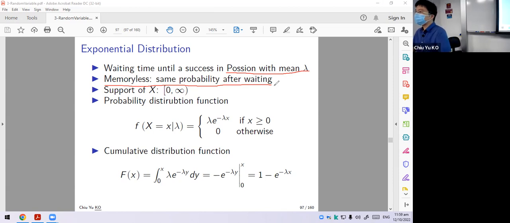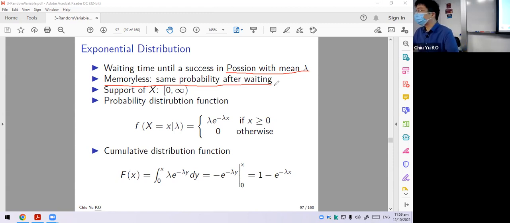You wait 10 minutes, you still believe the probability of arrival in the next half an hour is half. After half an hour, you still believe so, and after an hour, you still have the same belief. So the probability you assign is regardless of how long you have been waiting, and it follows the exponential, okay?